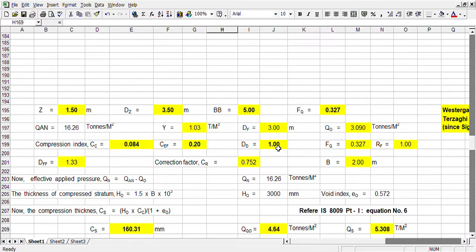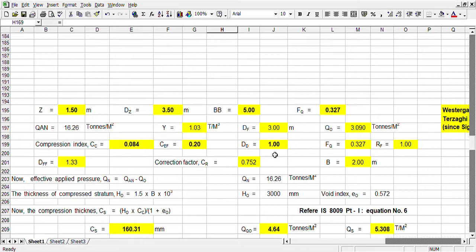If it is sandy soil, then it should be half, because in consolidation, the rule since the 19th century is that in sandy soil water can easily drain out from the soil media under imposed load. So the thickness of the clay stratum will be reduced. It will be treated as half.